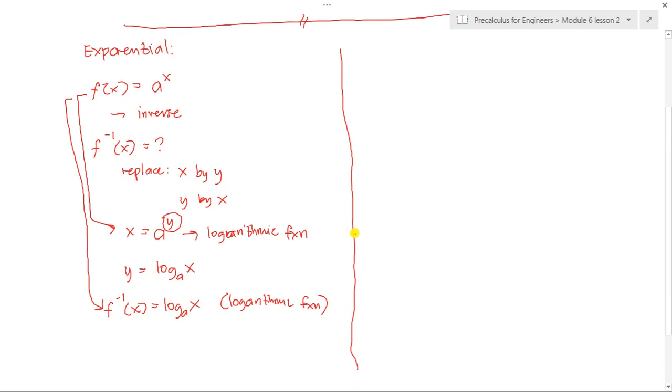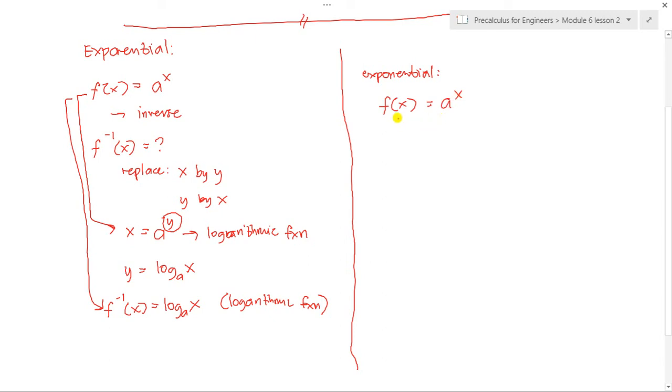Now, to show the evidence that they are really inverses, we substitute. There is a theorem that if you substitute, let's say in the exponential, it is represented by f of x equal to a raised to x.